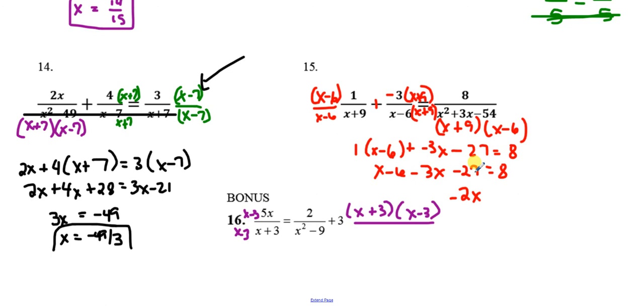That's minus 33. So I have to add 33 to both sides. That equals 41. And divide by negative 2. X equals negative 41 over 2. Now negative 41 over 2 is the same thing as 41 over negative 2, or you could put the negative out in front. And that is the end of that.